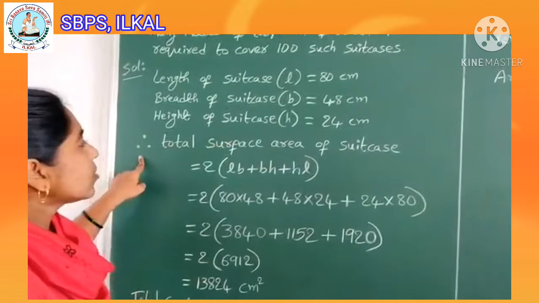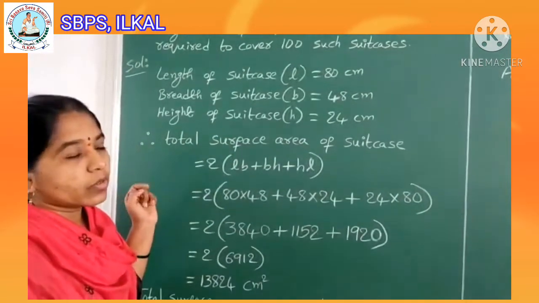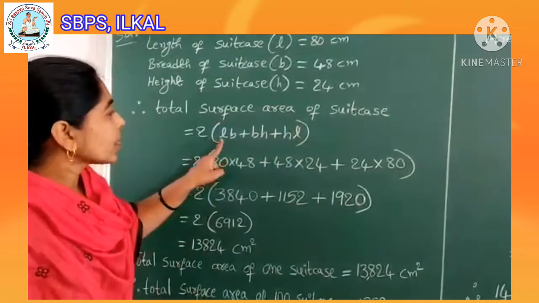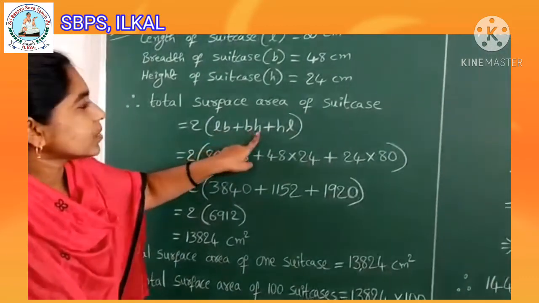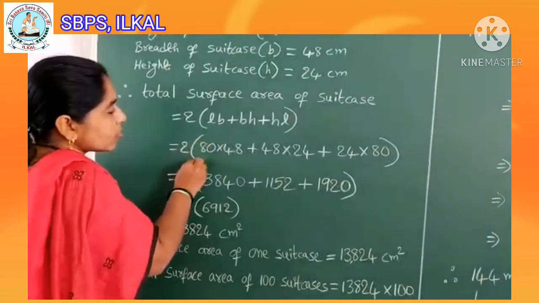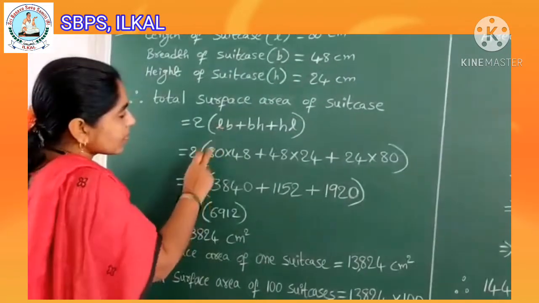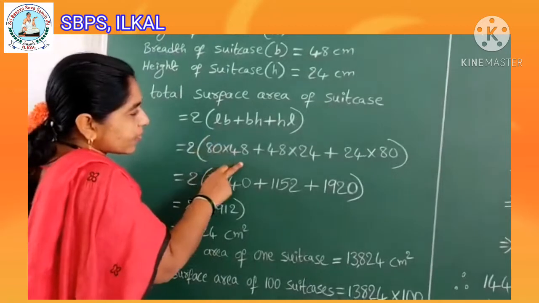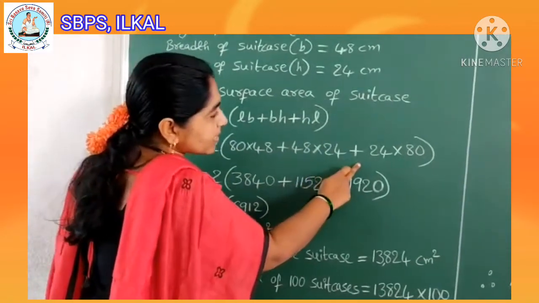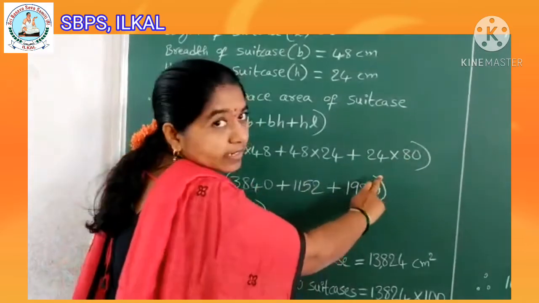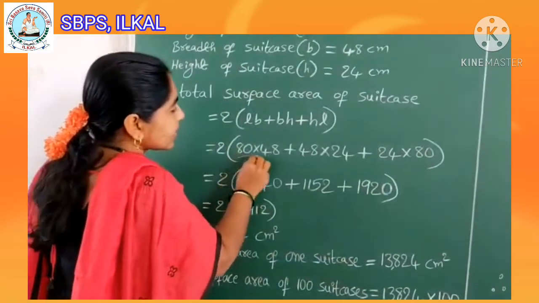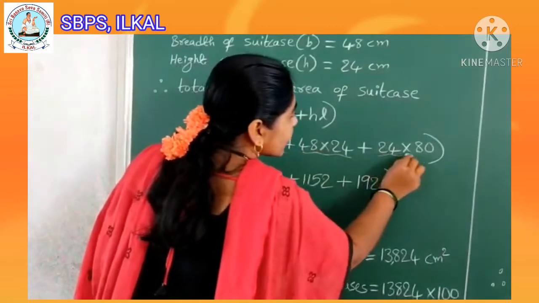We know that total surface area of a cuboid, here total surface area of the suitcase, is equal to 2 into LB plus BH plus HL. Let us substitute the values. 2 into 80 into 48. Length is 80, breadth is 48. Here breadth and height 48 into 24 plus height into length, that is 24 into 80, which is equal to 2 into, multiply these two terms, these two and these two.